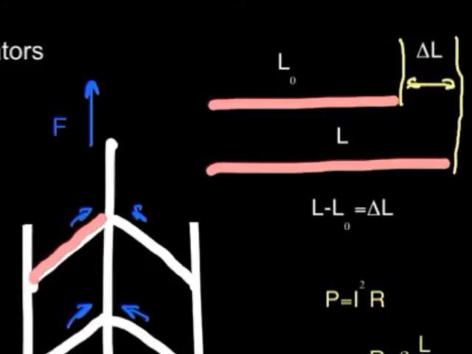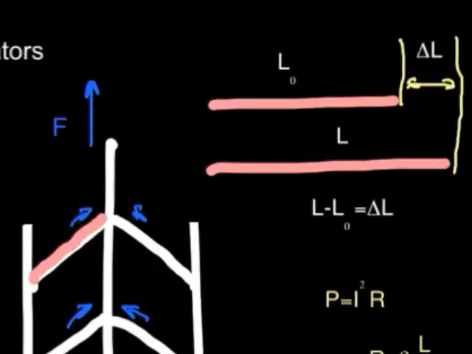So L, which is this length, what you end up with, and L0, what you start with, you take the difference between the two, L minus L0, you get a change in the length, delta L. And that's what this is representing here. Okay? Not too difficult.